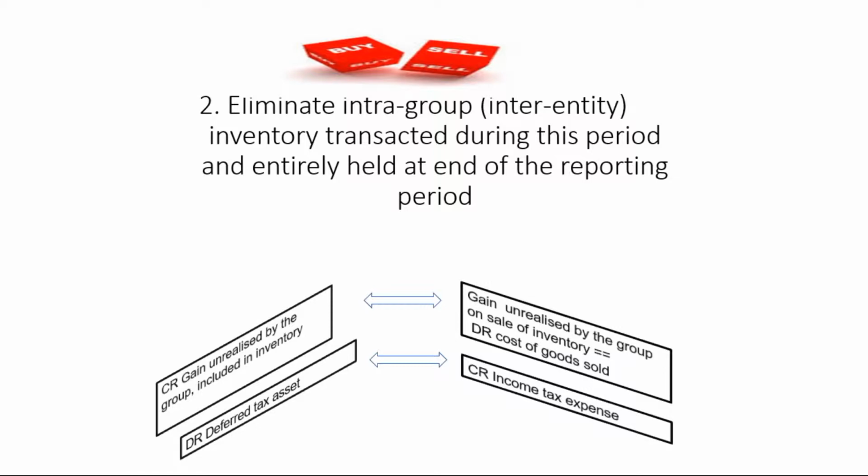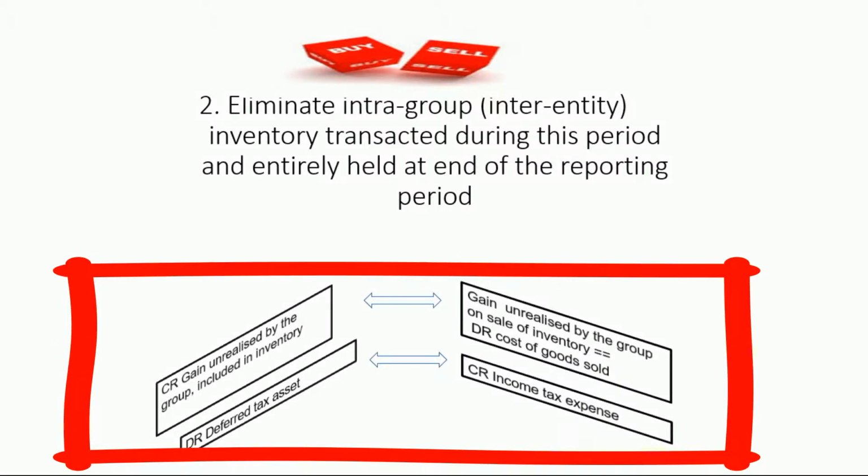When inventory is transacted within the group, one entity, the entity that sells the inventory, makes a gain which is unrealized, and the entity that receives the inventory records that inventory at a higher value than it should be for the group.